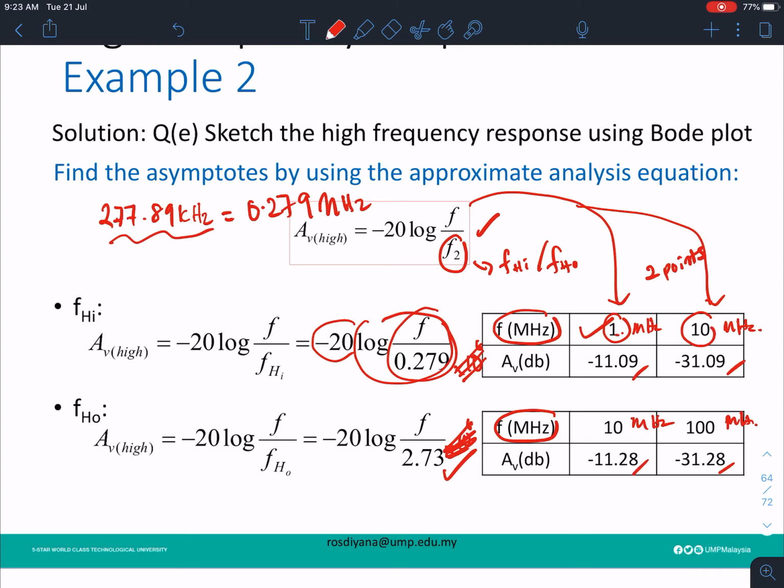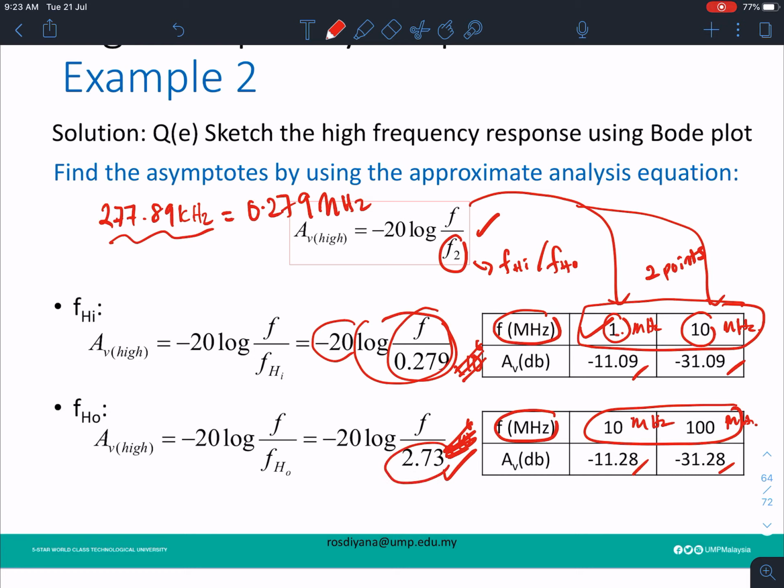So this is the gain for each frequency that we have set. Now you see the difference between the ranges. For the first, FH in, the range is from 1 to 10 because the frequency is 0.279. The range for FH out is 10 to 100 because this value is 2.73.